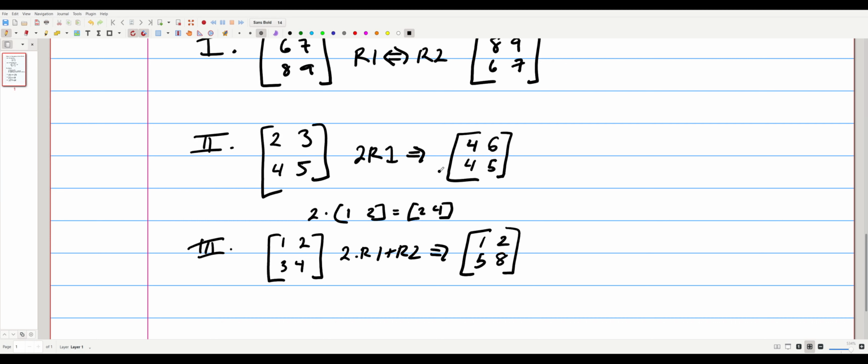Then we're adding these numbers to row 2, which is 3, 4. 2 plus 3 is the 5 that you have here, and 4 plus 4 is the 8 that we have here. The sum of these numbers is what replaces the row you added to. We added to row 2, so row 2 is the row that gets replaced. Row 1 hasn't changed at all, and that's how it's always going to be. The row that you multiply doesn't change, but the row that you add to is the one that gets replaced.